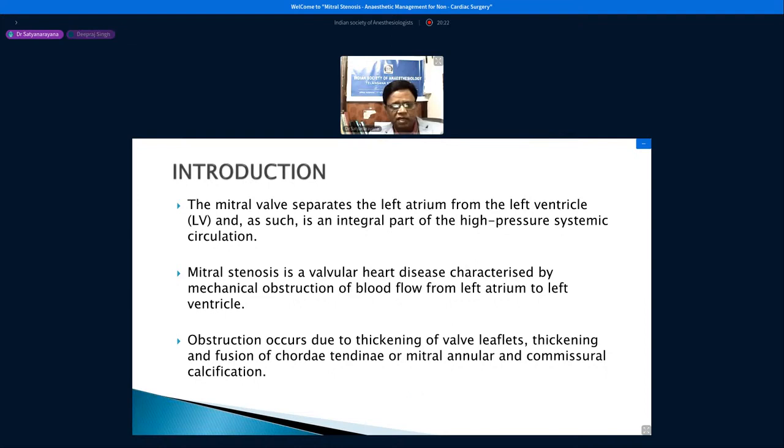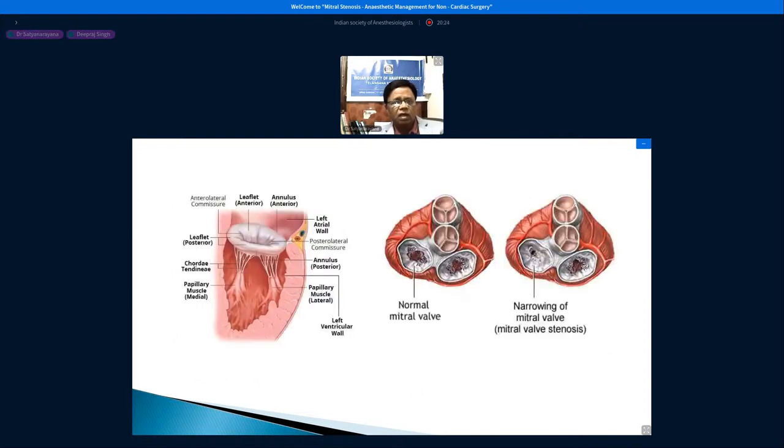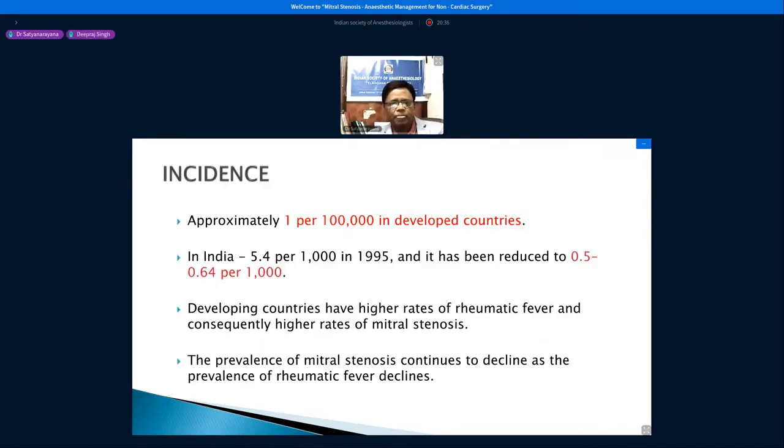and mitral annular or commissural calcification. You can see this picture showing the various anatomical parts; on the right side is a normal valve, and on the extreme right is a diseased and narrowed mitral valve.